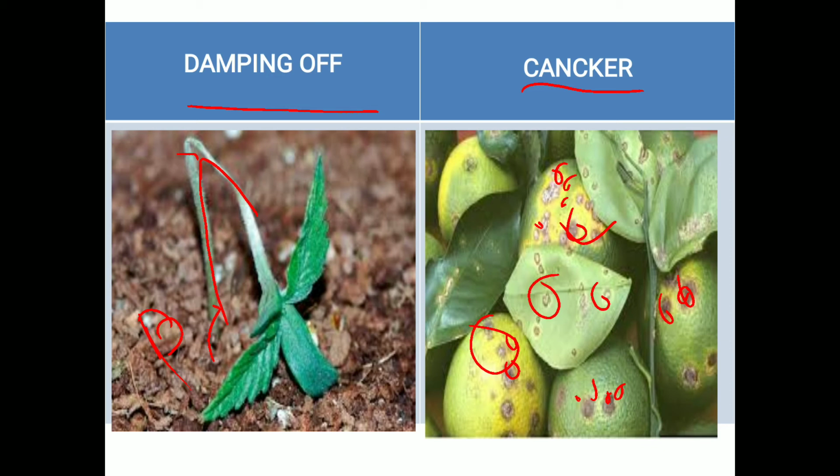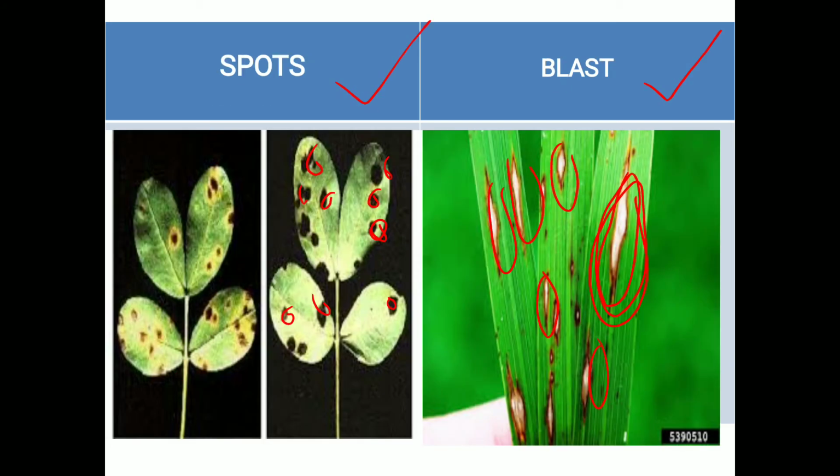Those symptoms indicate the cankerous growth which is observed on lime. Mostly it is due to bacteria, caused by Xanthomonas. For control of bacterial canker, we spray the crop with the chemical streptomycin at a rate of 100 ppm.